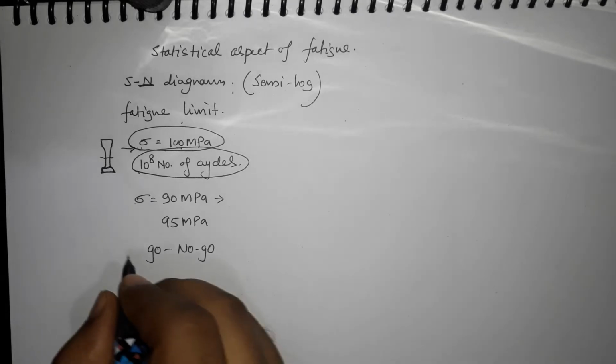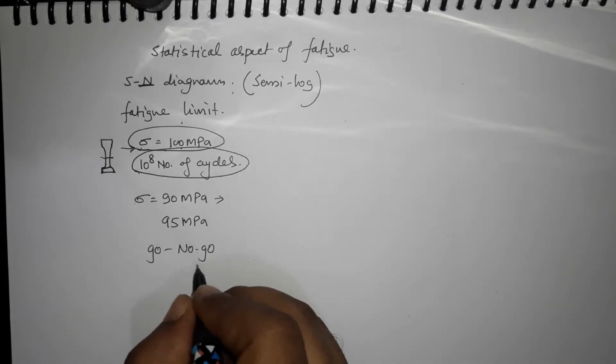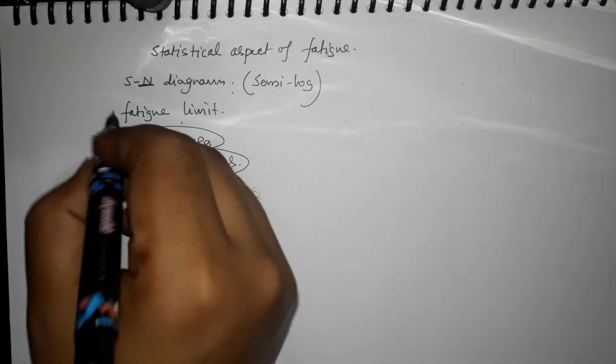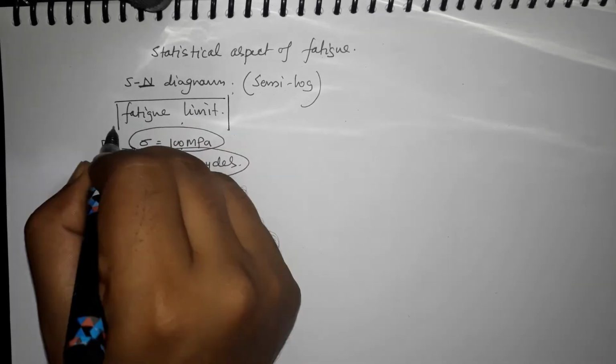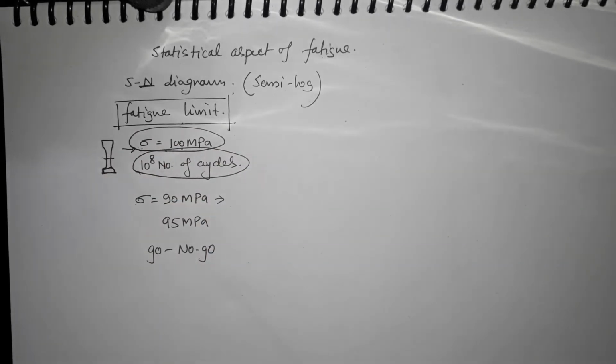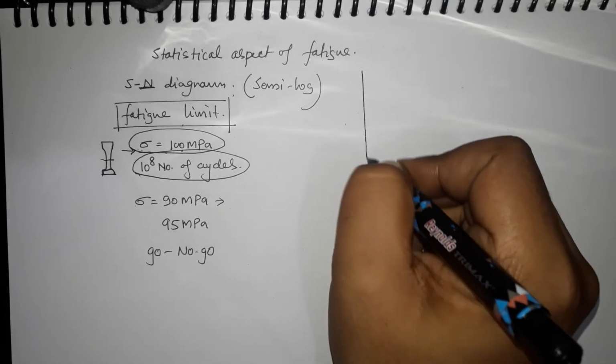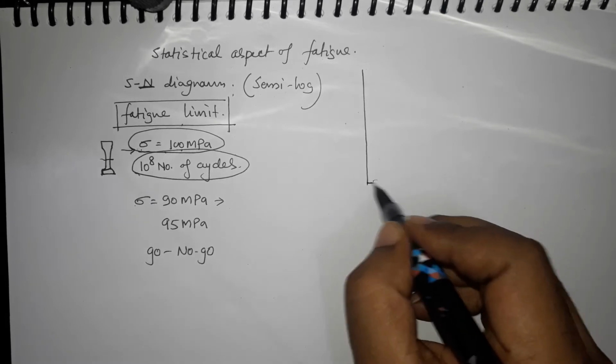This will result in a problem of finding the fatigue limit. But apart from that, what else? Only at the end point you will have this problem, but before that also there are statistical aspects. So let me make an SN diagram example.